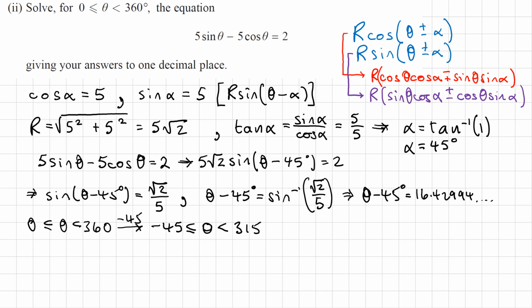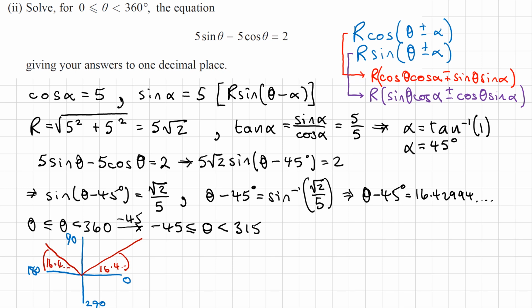So we'll draw a CAST diagram, put our degrees on, 0, 90, 180, 270. We'll put on our principal solution, that's 16.429, so I'll just call it 16.4, just because I haven't got a great deal of space. Because we're solving for sine, we are going to reflect the line in the y-axis to find the other solution, so it's all symmetrical.